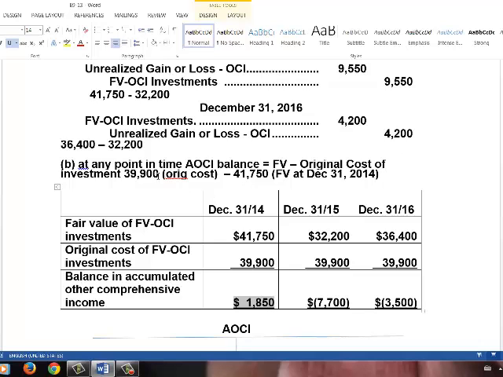That's the difference between my original cost and the higher value that it sits at now, which is $41,750. So again, you can use this rule, that at any point in time, the AOCI balance is the fair value of the investment at the date for which you're trying to find AOCI less the original cost of the investment. So you can use that rule if you want. But I just did a little bit of math up here so you could see it. If you don't like that method, don't use it.